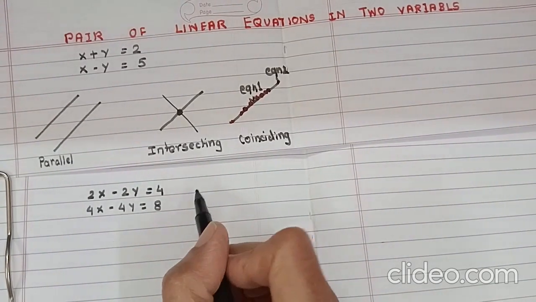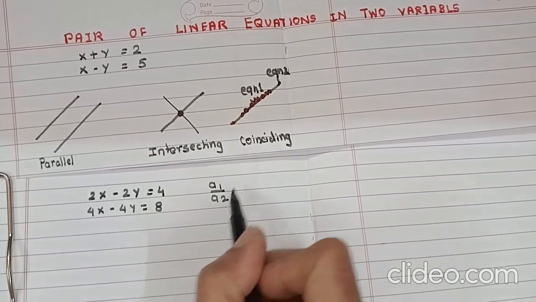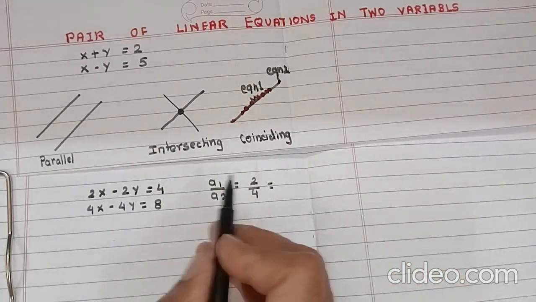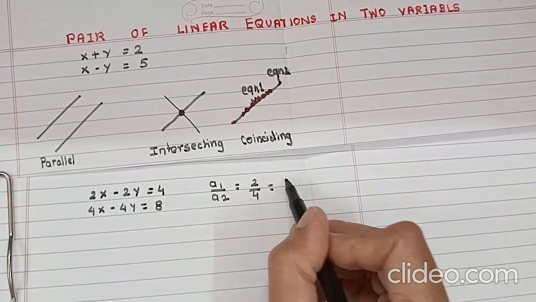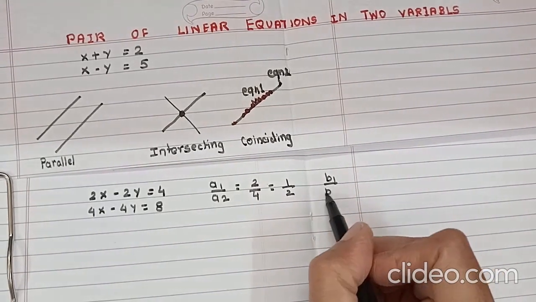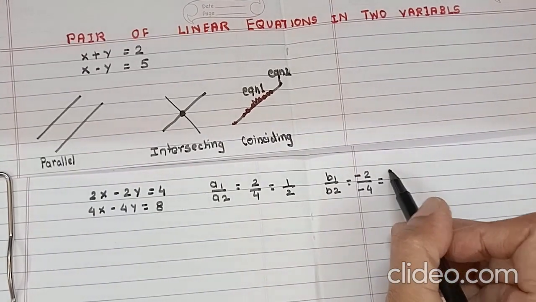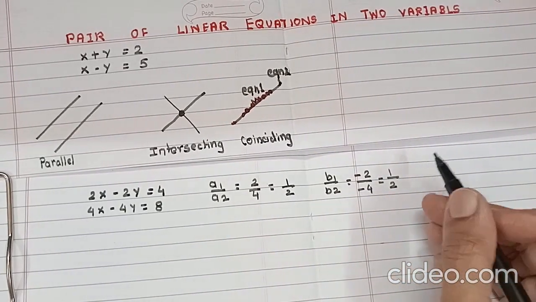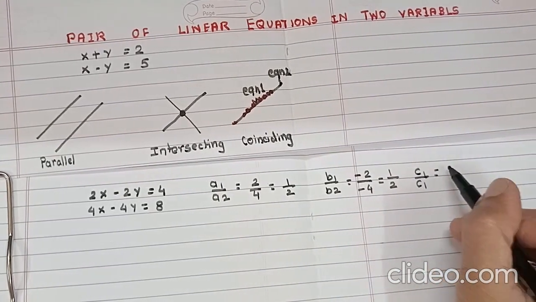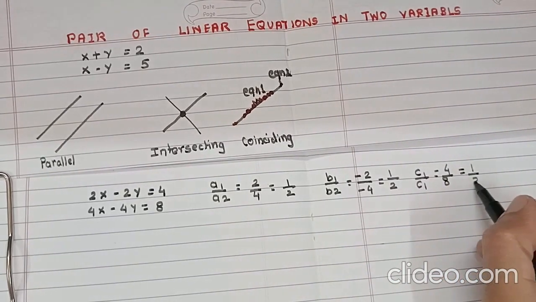Let us see the ratio. a1 upon a2 is 2 upon 4, by dividing by 2, you get 1 upon 2. Next, b1 upon b2 is minus 2 upon minus 4, that is again 1 upon 2, minus cancel होणार. c1 upon c2, you get 4 upon 8, again equal to 1 upon 2.